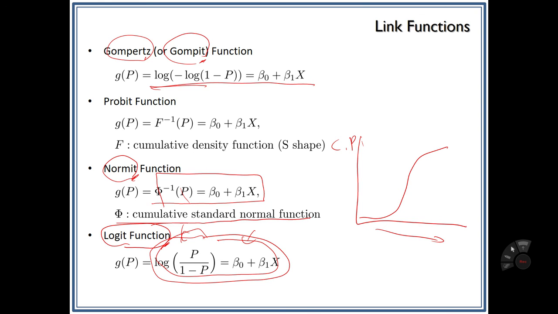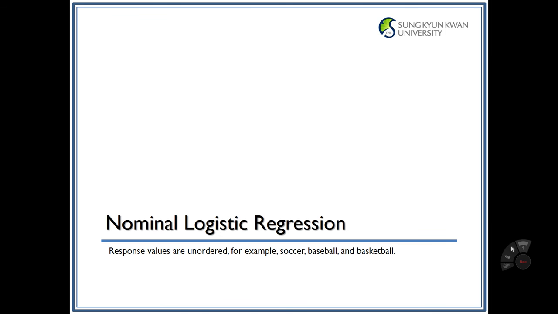It's just additional information that I want to give you, so that you can notice that I can use the cloglog function, the probit function, or the logit function for binary logistic regression. So that's everything about binary logistic regression, and let's move on to the nominal case.